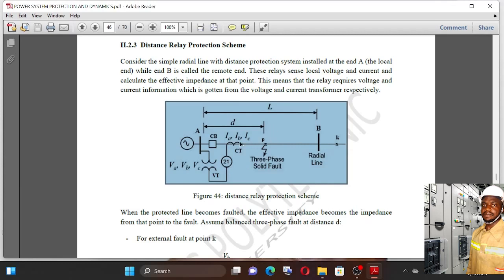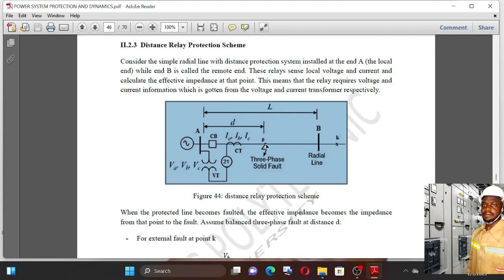Here we consider the radial line with bus A at one end and the other bus at the other end, and it has a length denoted here as L, the length of the line.